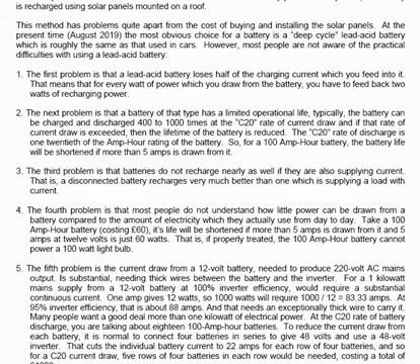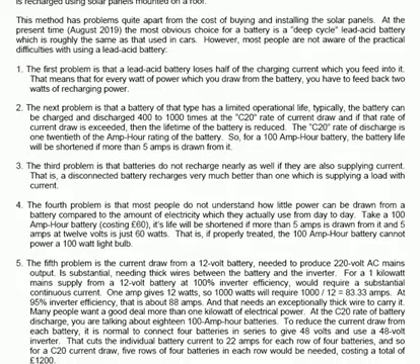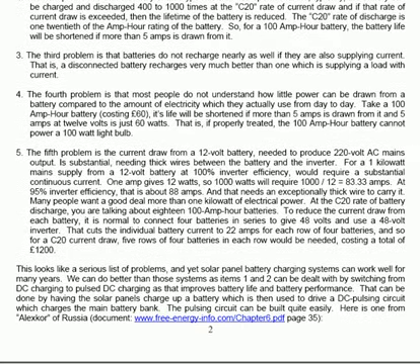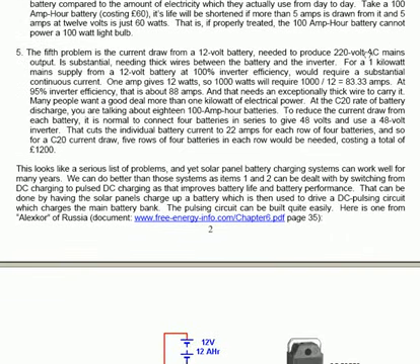That's a substantial current. At 95% inverter efficiency, which is typical for the best inverters, that works out to be about 88 amps, and that needs an exceptionally thick wire to carry it.